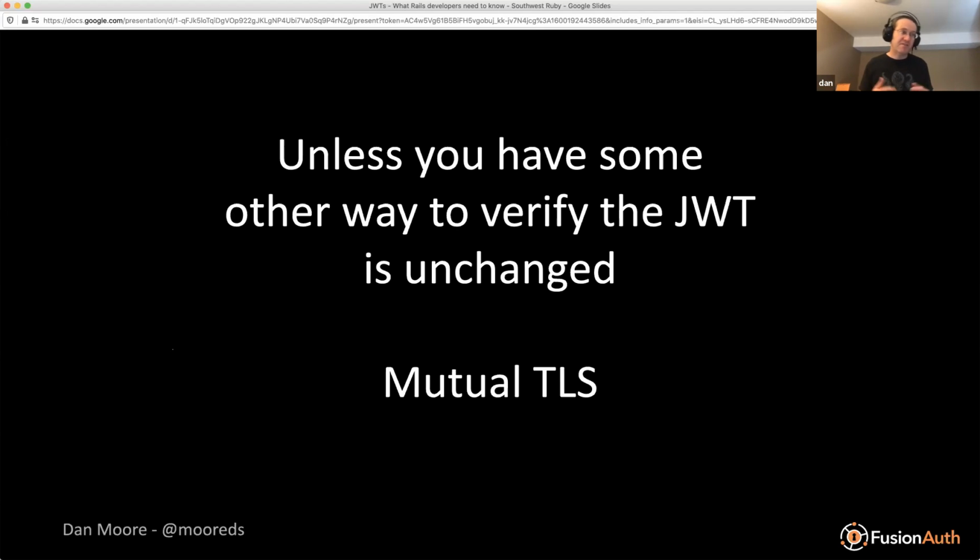So that's one of the things you want to think about when deciding whether to use a symmetric algorithm like HMAC or a public-private key algorithm like RSA or elliptic curve cryptography.